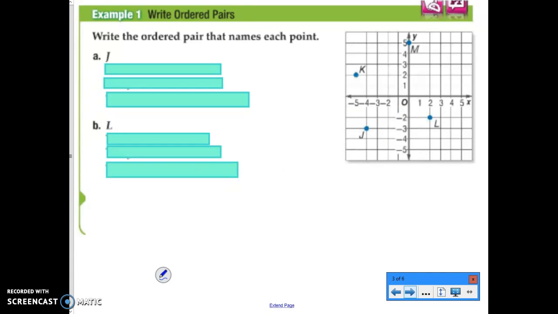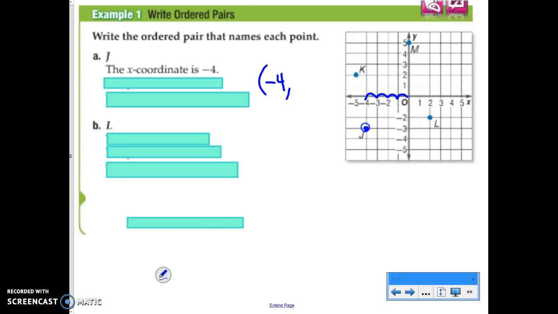All right, so if we're taking a look here, we need to write the ordered pair that names each point. The first thing that we're going to do is find J, which is right down here. Remember, start at the origin. The x-coordinate is -4. I come over 1, 2, 3, 4 to the left, and I can see that I have a -4. So I'm going to start by writing -4 in parentheses because I know that it has to be x, y to make my ordered pair.